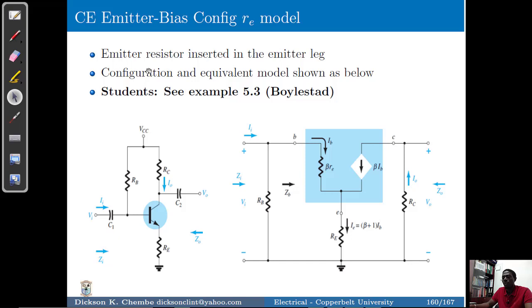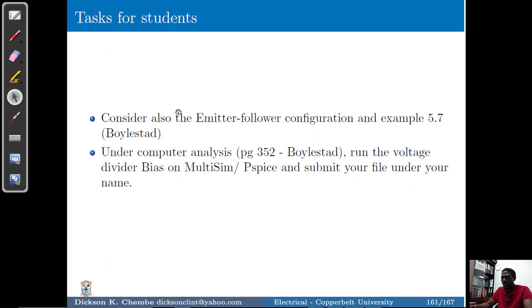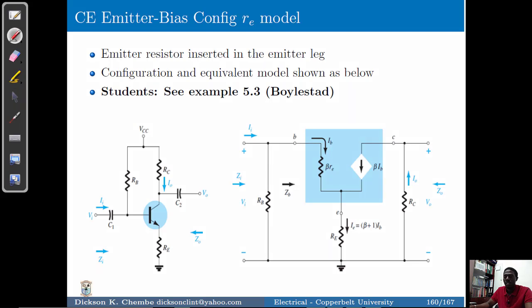And then we've got the emitter resistor, the common emitter bias configuration model. In this case, you've got the configuration and the equivalent model as shown below. So this is what you are going to obtain.